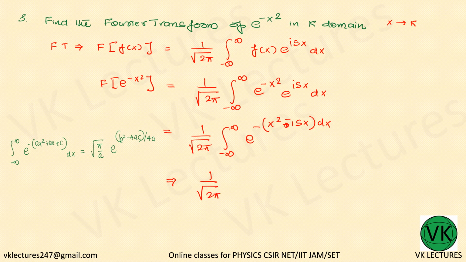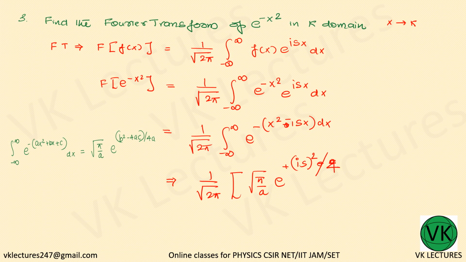Root of pi by a, e to the power minus is squared, b square minus 4ac, which is 0 because c is 0, divided by 4 times a, where a is 1.